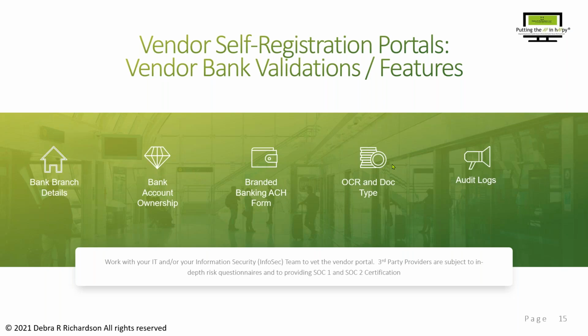I know when we were implementing our portal, we would upload pictures of dogs, pictures of cats, whatever random picture we had. But there are some portals out there that do have OCR, so your vendors or internal employees can't just upload a random picture to get through the registration.